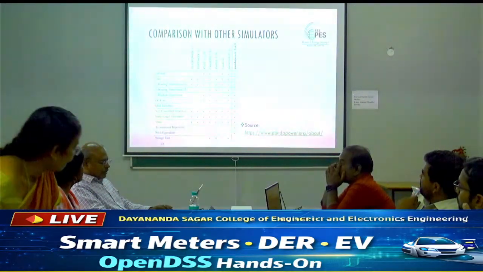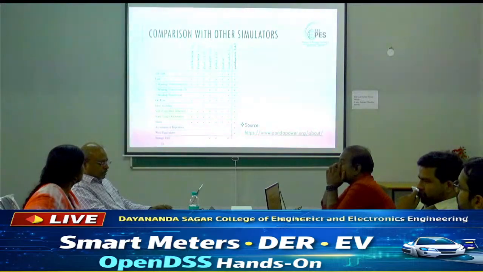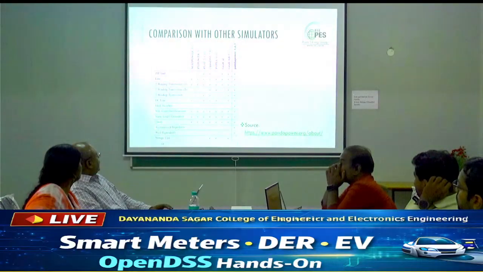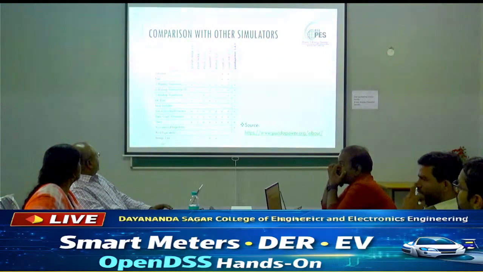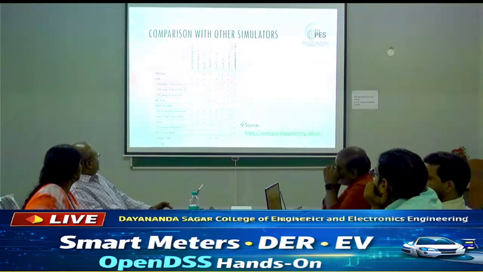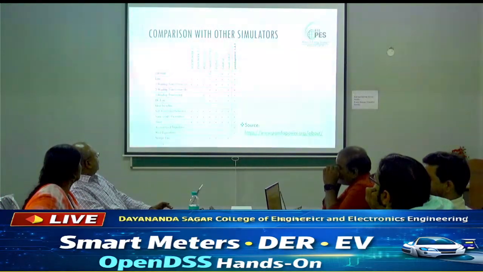Here this is from Panda Power. The Panda Power website has a nice comparison chart with various other simulators. Of course Panda Power has everything ticked, and the other one is OpenDSS, which has almost everything.